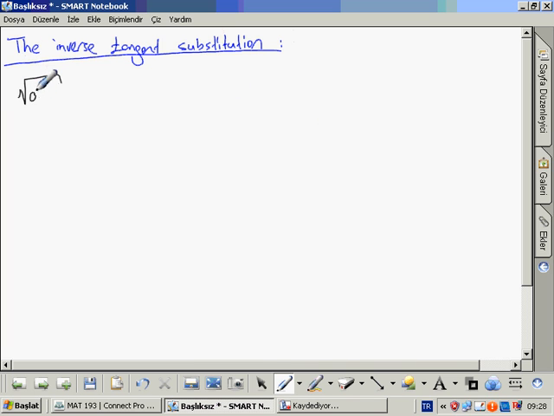The square root of a square plus x square, or 1 over x square plus a square, and a is larger than 0.